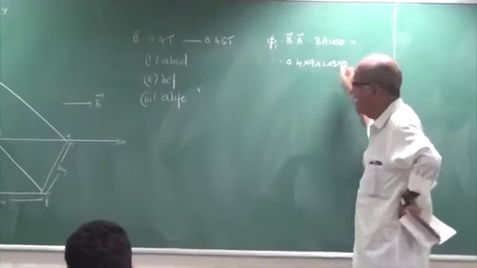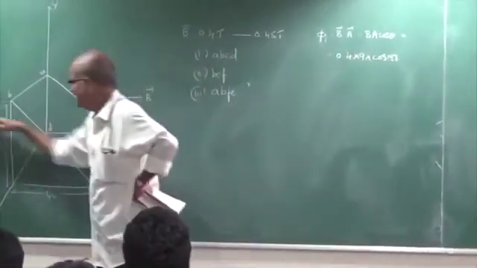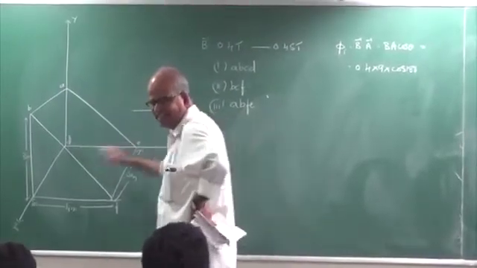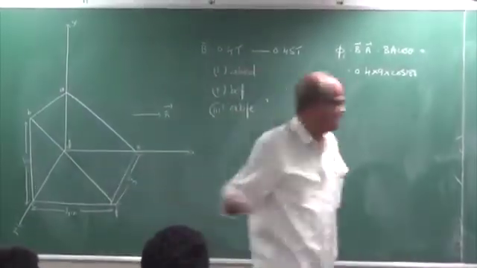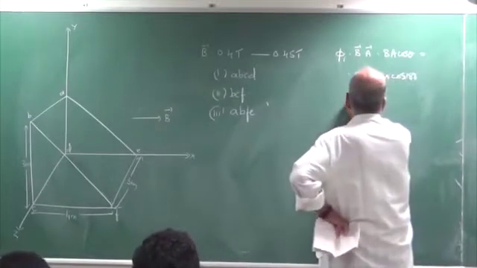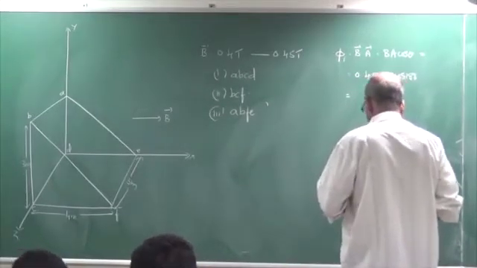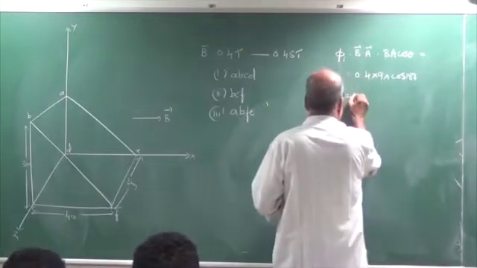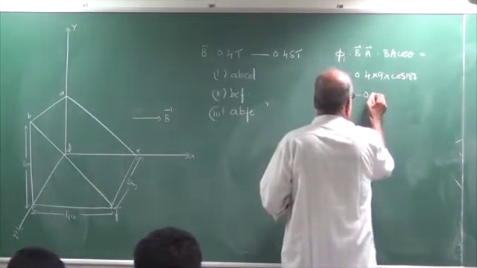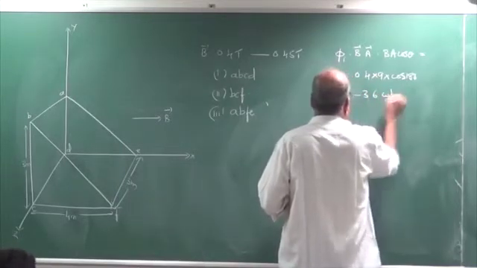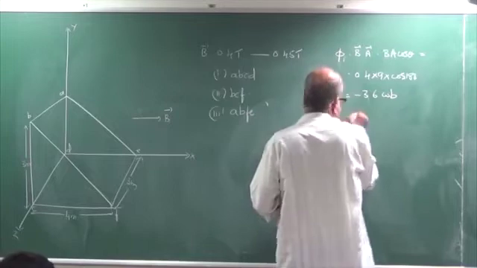It is 180, because we take the area vector from inside to outside, perpendicular to the surface. B vector is in this direction, A vector is opposite, so the angle between them is 180. So it comes to minus 3.6 Weber.